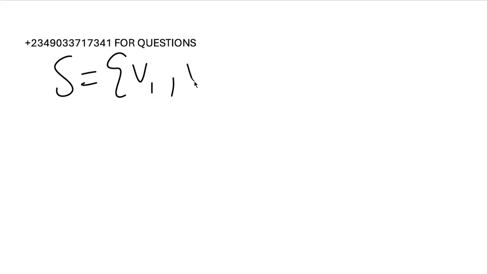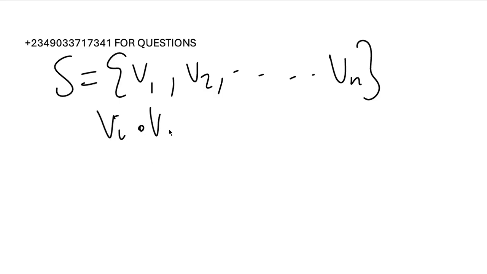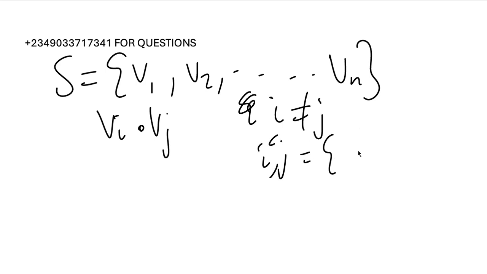So v1, v2, down to, let's say, vn. How do you know if this set is orthogonal, right? If we pick any two vectors from this set, vi and vj, all possible pairs that we could get, vi dot vj where i is not equal to j, and i, j range over 1, 2, 3 down to n.